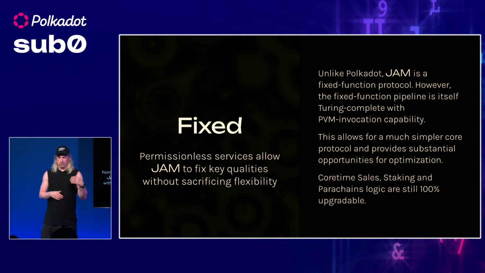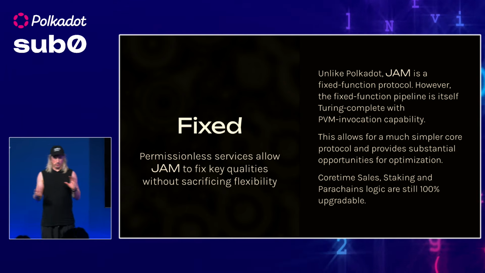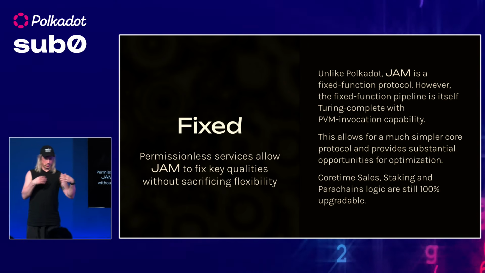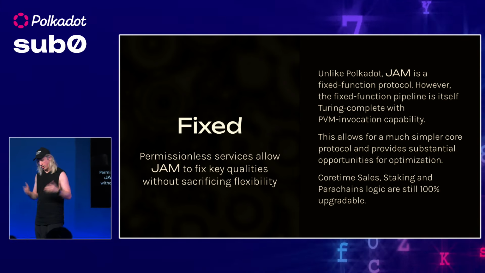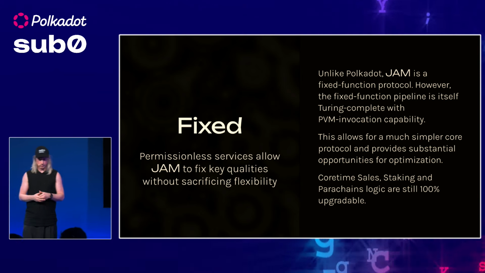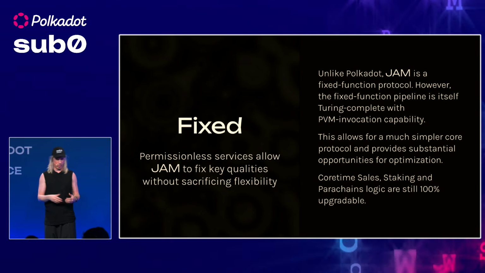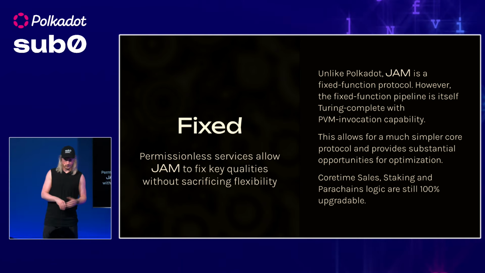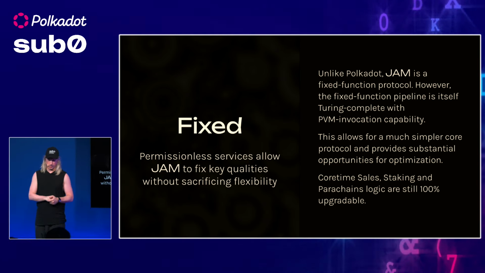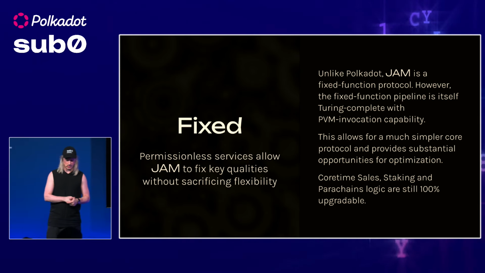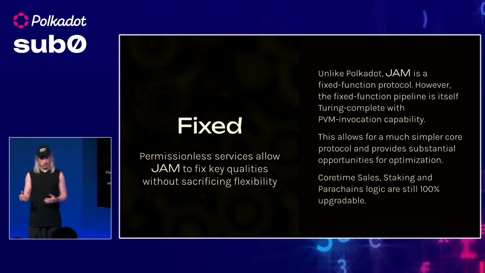The third thing is that it provides huge potential for optimization, because we know what the various things that the Jam chain has to do are, and we know we can fix the parameters. We can optimize for those specific parameters. Things like network topology, timing can all be optimized, whereas they wouldn't be able to be optimized so easily when we have essentially the ability to alter everything with every upgrade.